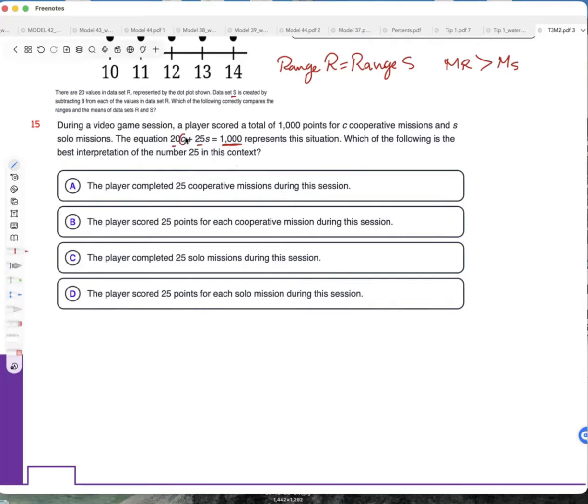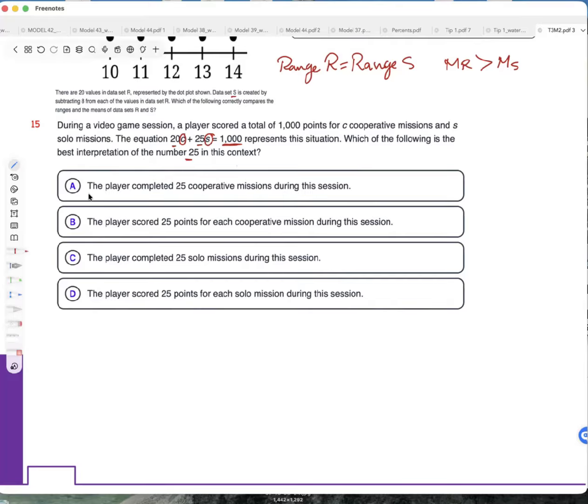C is the cooperative, S is the solo games. So 20 times the cooperative plus 25 times the solo games will be 1,000 points. So 25 represents the solo missions during this session.